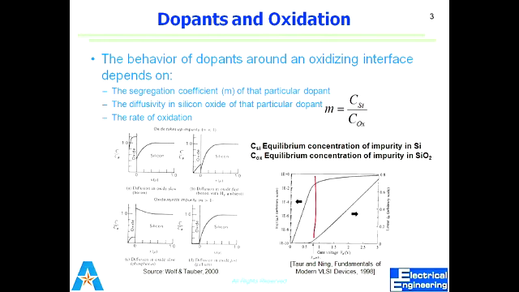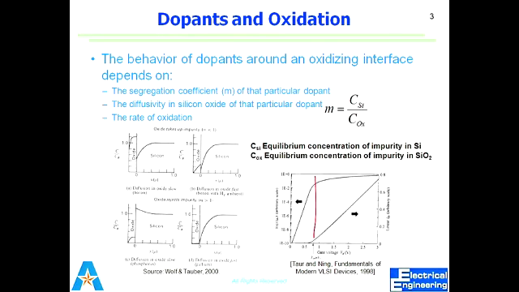That is one of the parameters that causes this redistribution of dopant at the silicon surface.